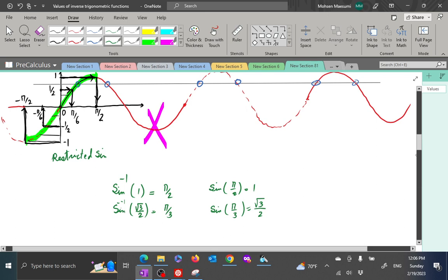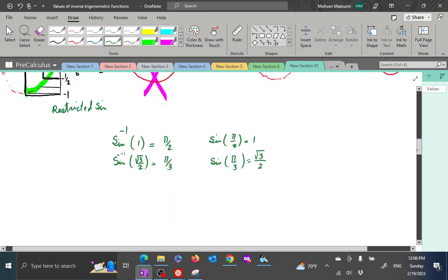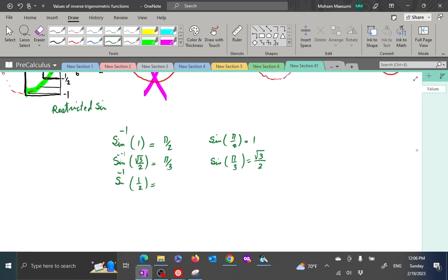Let's write a few others. So sine inverse of radical 2 over 2 is pi over 4. Sine inverse of 1/2 is pi over 6. Sine inverse of 0 is just 0.